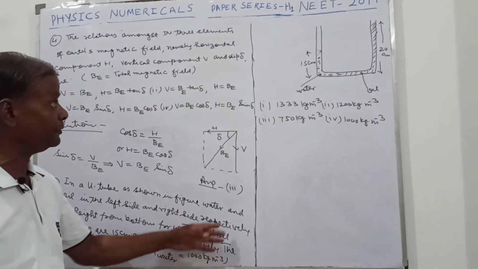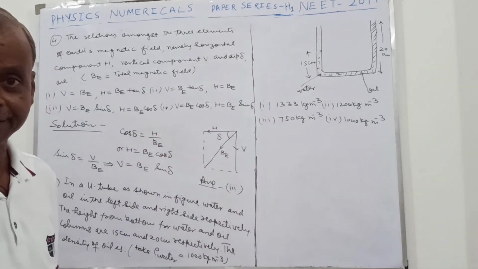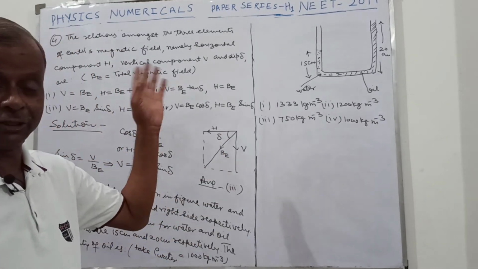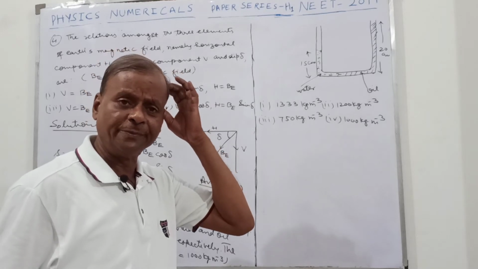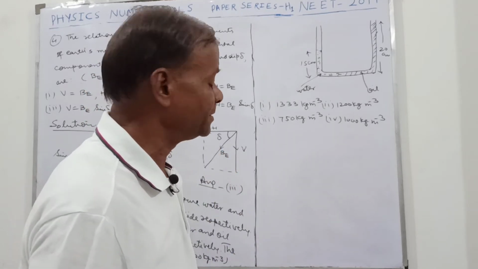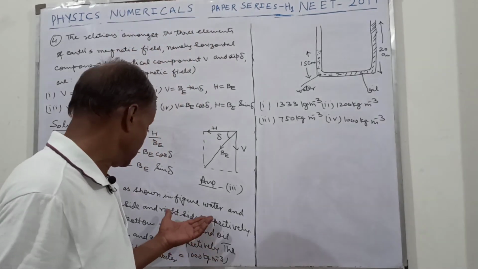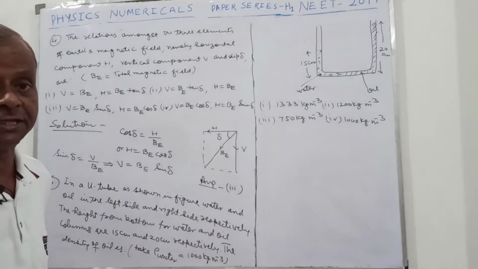When we see the language and such a lengthy question, some of the students are frightened about how to read so much language, understand and solve it. So many students leave such questions. But this is not to be left. If you understand the language of this question, then you can find the solution easily.